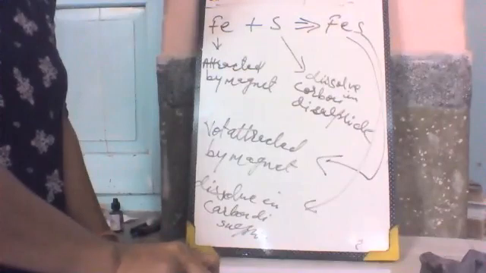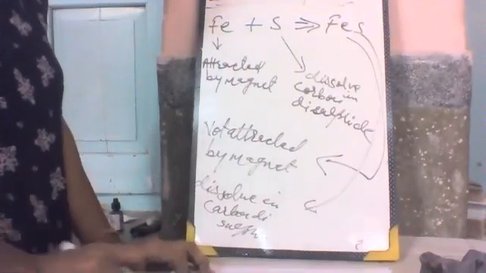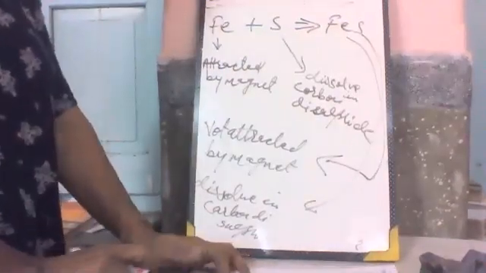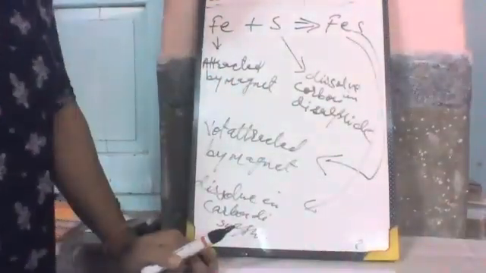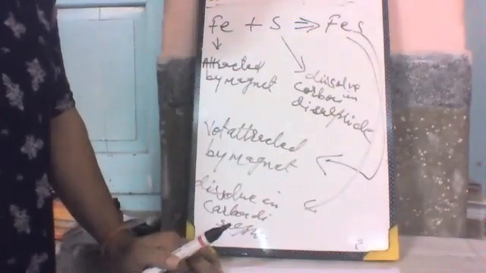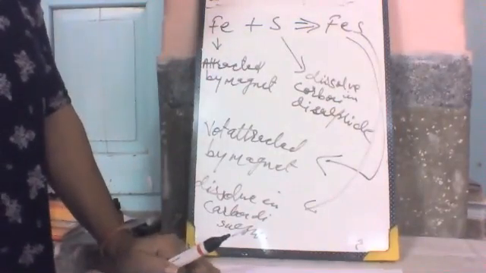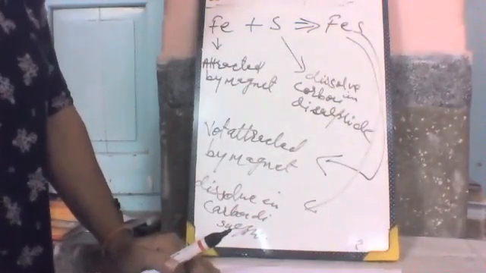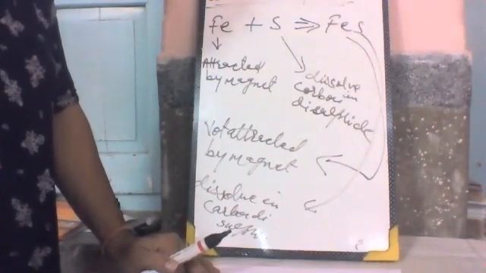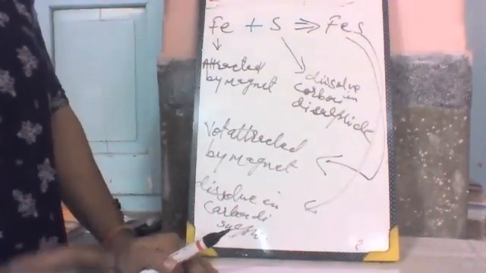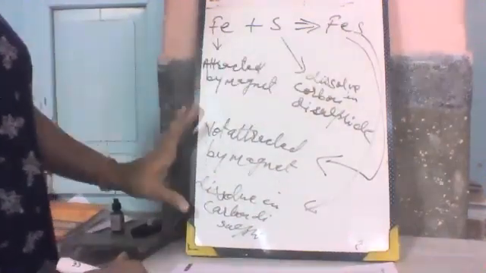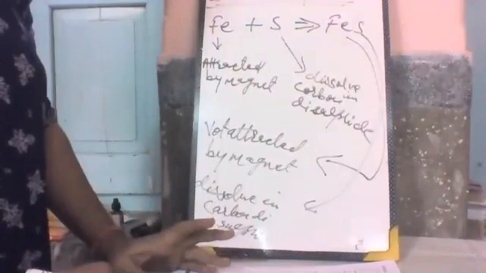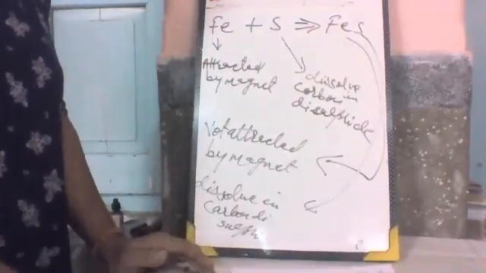Compound of iron and sulfur. When iron and sulfur are heated strongly, then what happens? A chemical reaction takes place between iron and sulfur, leading to the formation of iron sulfide, which has entirely new properties.